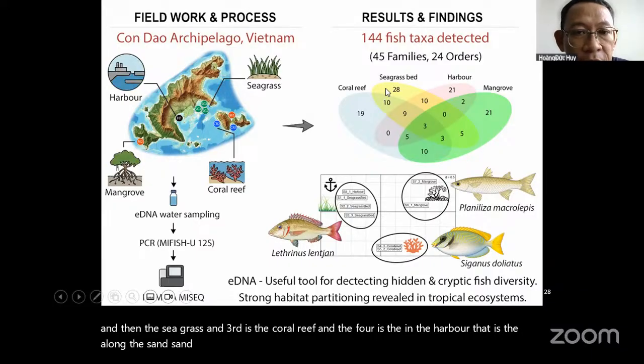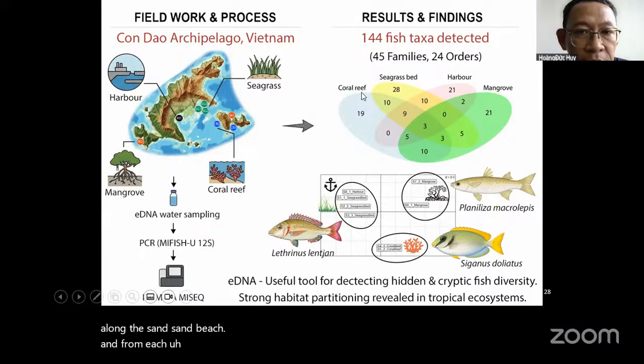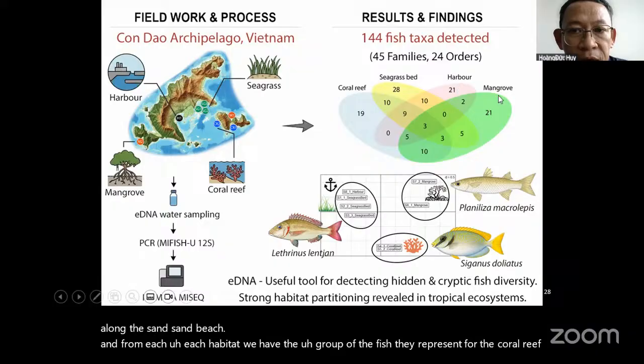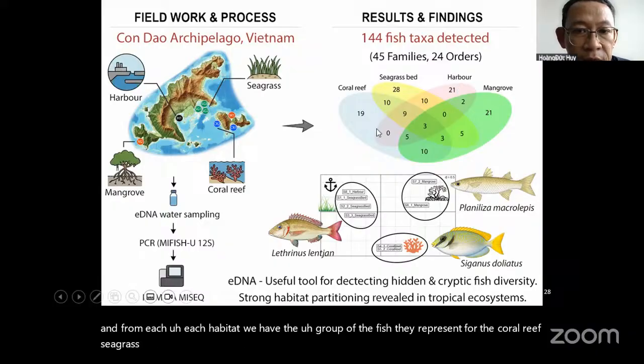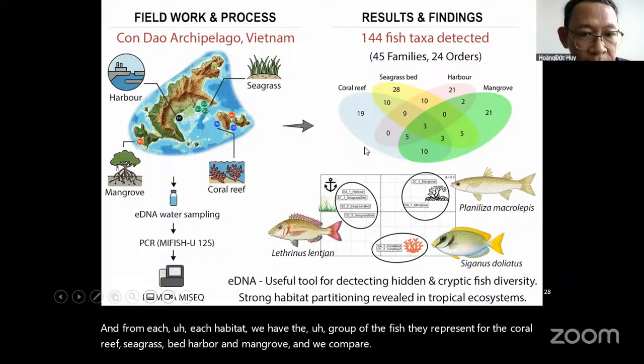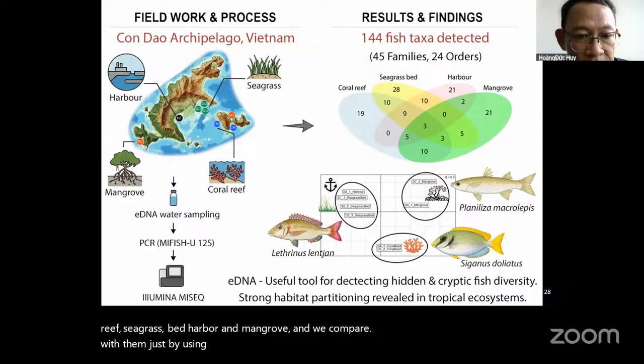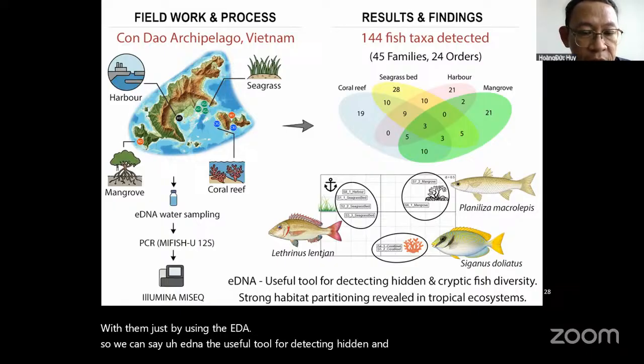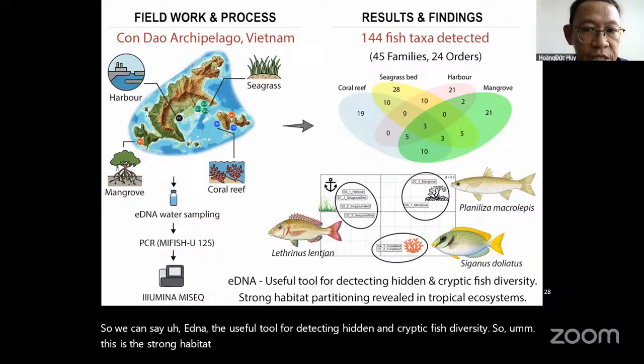From each habitat we have a group of fish, representing the coral reef, seagrass bed, harbor and mangrove, and we compare them just by using eDNA. So we can say eDNA is a useful tool for detecting hidden and cryptic fish diversity. This shows strong habitat partitioning in a tropical ecosystem.